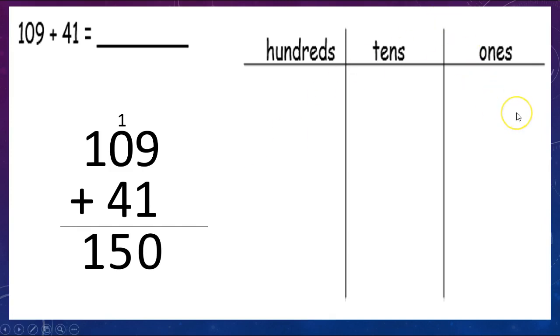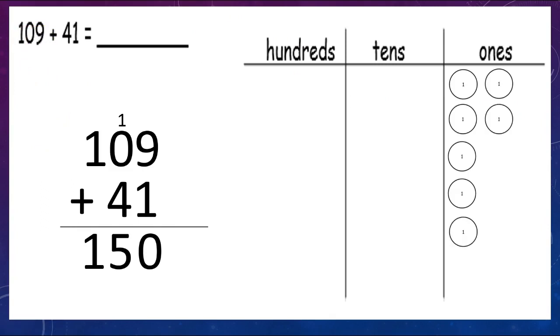Now let's do our place value chart here. How many ones do we need to add? Okay, let's count them. And how many tens? Okay, we don't need to add any. And how many ones? Now we're adding 41 more.